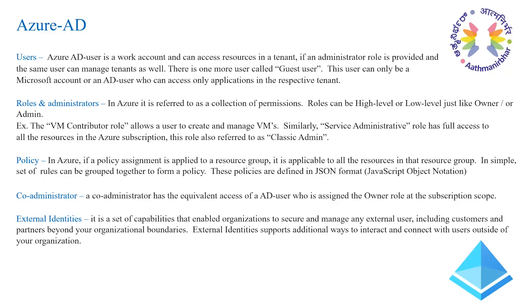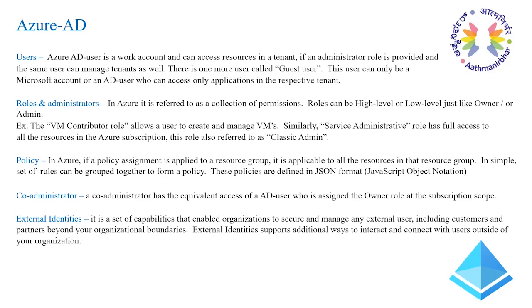We have something called co-administrator. Co-administrator is something like this: now, Shri or Asif, you have created your root user account, and you cannot keep creating new user accounts and allowing them to perform their tasks. Instead, you will create a co-administrator. This co-administrator will have the same user restrictions, whatever you have.